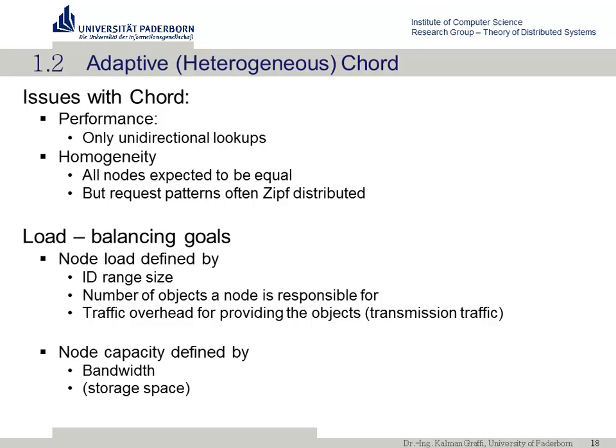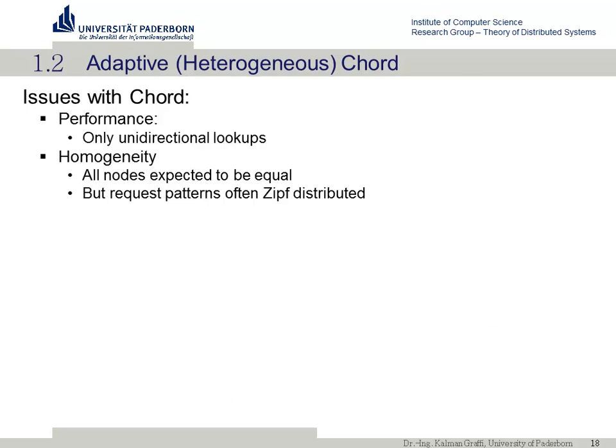that the requests are typically Zipf distributed. Let's just jump back. If you have the request pattern Zipf distributed, that means that you have very few documents that are very popular, and very many which are not so popular. And if you have one very popular document and it's located on a weak node, then you see the bottleneck.